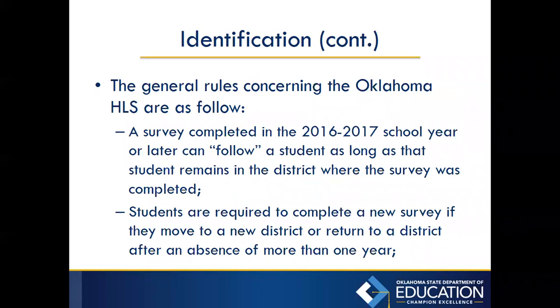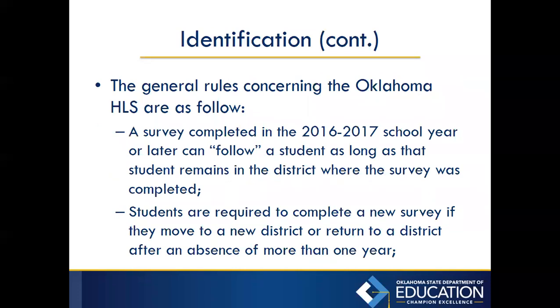So in Oklahoma, the general rule concerning the Home Language Survey is that a survey completed in the 2016-2017 school year, that's when we went to the current format, more or less, or later can follow a student as long as that student remains in the district where the survey was completed.